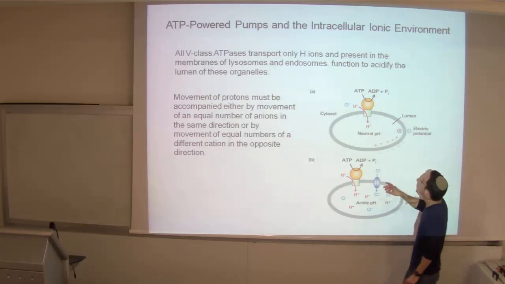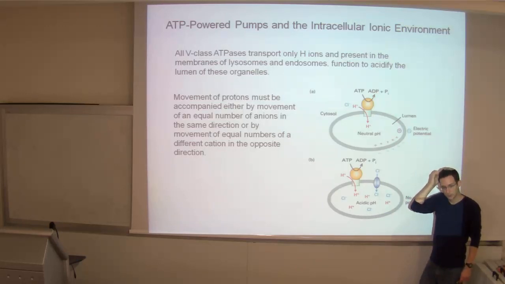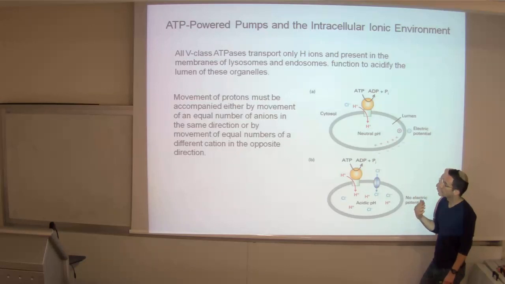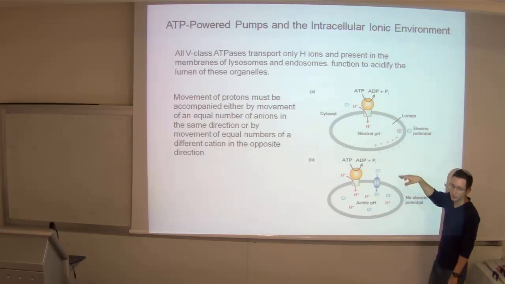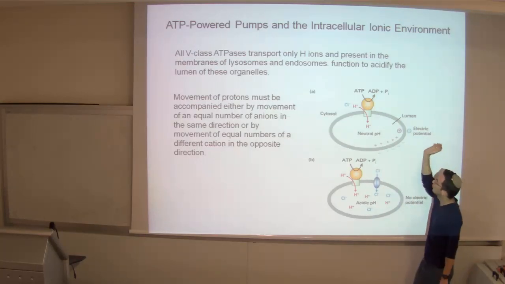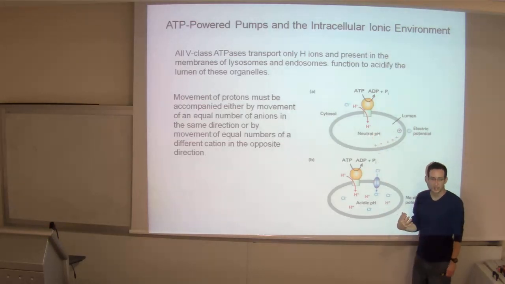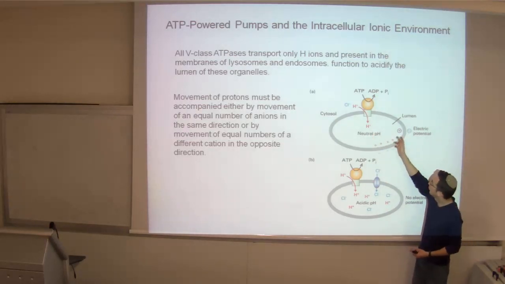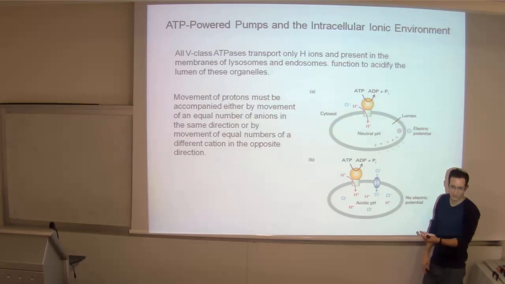Okay, this is what we call an electrogenic process. The V-class ATPase performs an electrogenic process in which the net charge is not neutral, it's different from zero. Because if you move into the lysosome more and more positive charges, then very rapidly there will be a high enough positive charge inside to prevent moving any further positive charges inside.